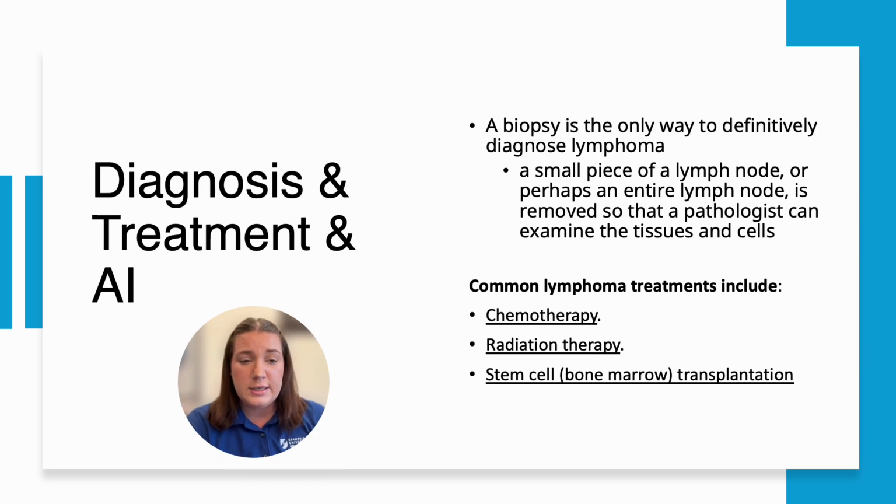To properly diagnose lymphoma, there needs to be a biopsy. So a small piece of the lymph node or even the entire lymph node will be removed, where pathologists can examine the tissues and cells. Some common treatments are chemotherapy, radiation therapy, and stem cell, which is a bone marrow transplant as well.